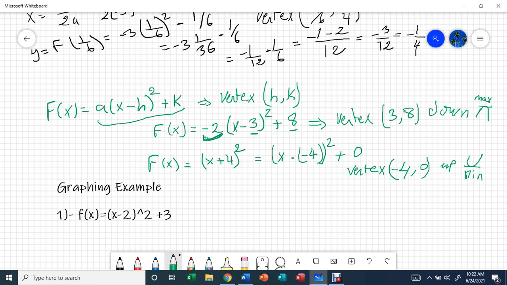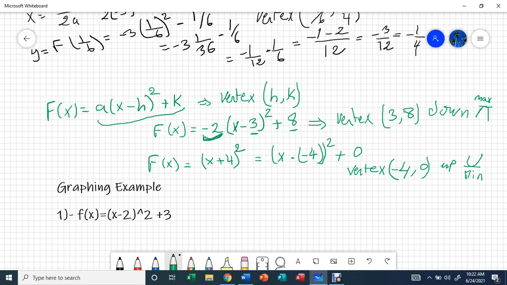If you have x plus, you have to change it to double negative, minus minus, so you can see what your h is. But if you are not given the function in the standard form, you have to change it to that standard form by completing the square. And I will show you how to do that in a few minutes here.